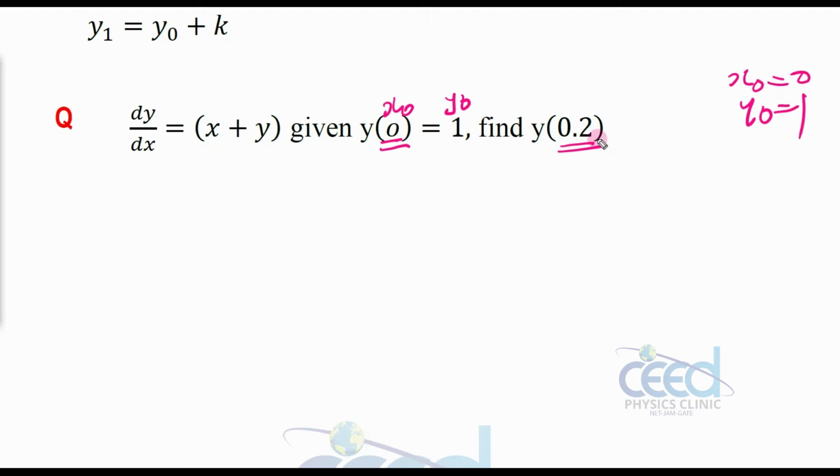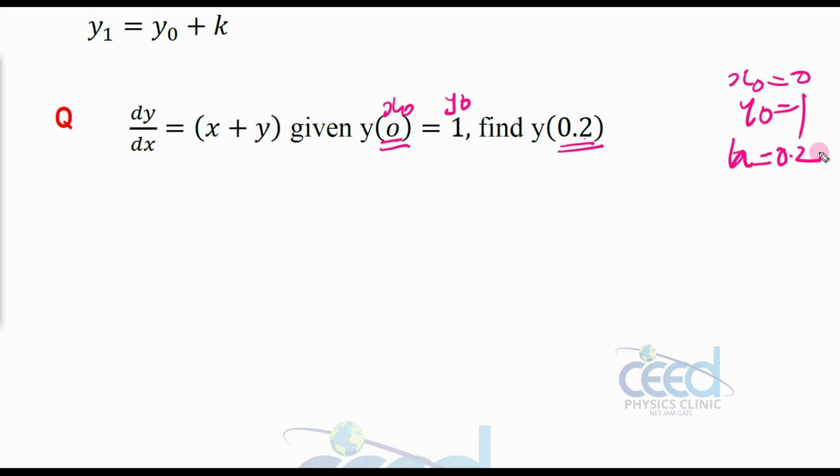The difference between the x value we want to find and the x that is given, that is 0.2 minus 0, gives this h value as 0.2.